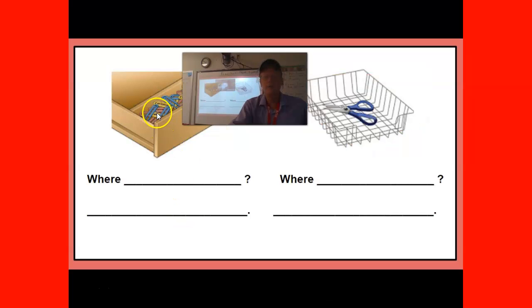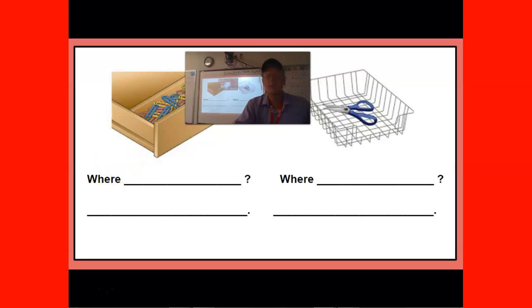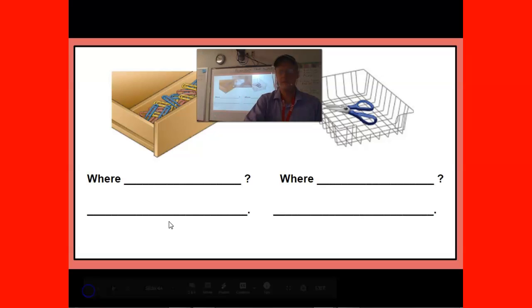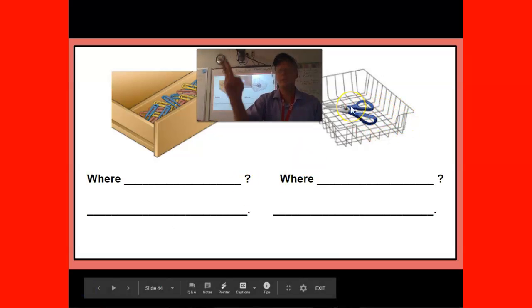All right, how about these two? This is hard because you're just learning these. These are paper clips. Uh-huh. Good. Good job. Okay, do you remember what we call these?